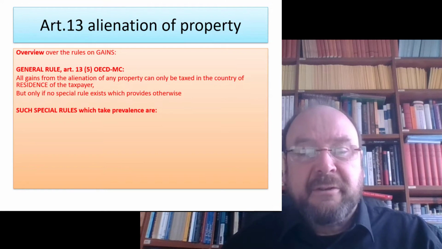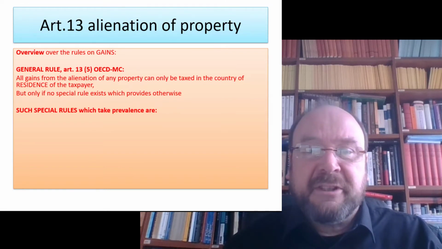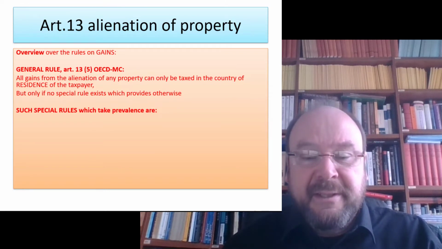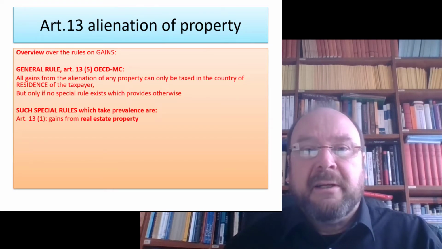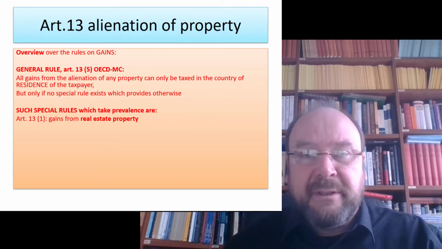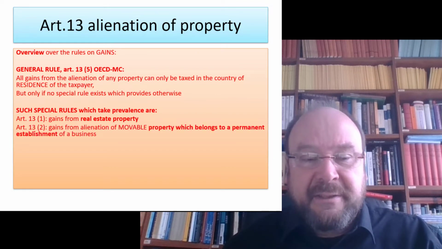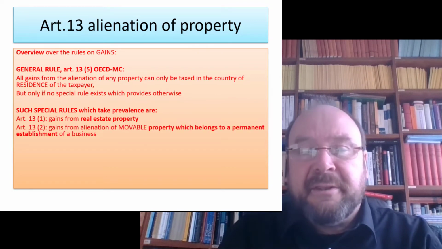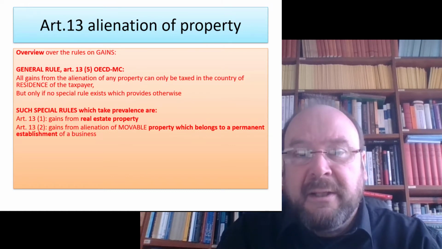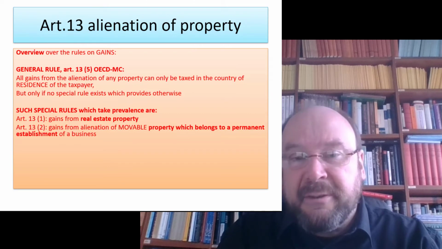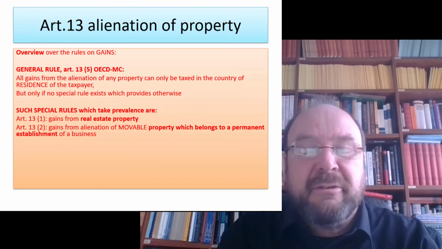Now, the few special rules which take precedence over the general rule are first, selling real estate, so a piece of land or a building mostly, which is taxed usually where the building and the piece of land are located. That is Article 13.1. Then, if you sell property of a permanent establishment, well, if it's immovable property, then you already have paragraph 1 as a special rule.